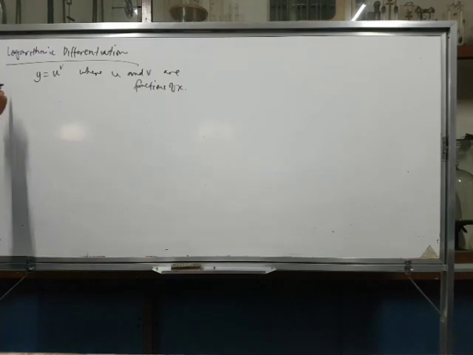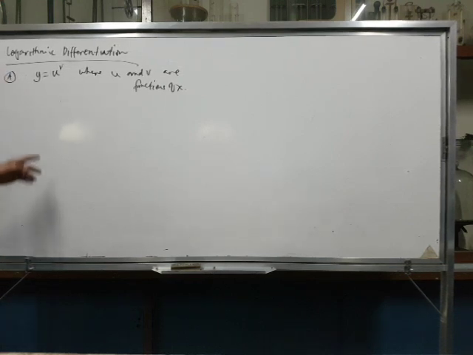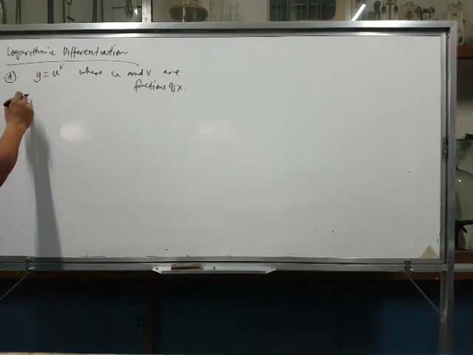Okay, so logarithmic differentiation. Logarithmic differentiation is used to calculate the derivative of y, let's say, equals u raised to v, where both u and v are variables, none of which is a constant. So here we simply write the following.